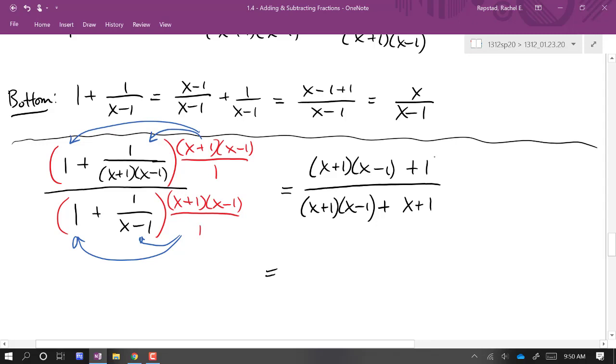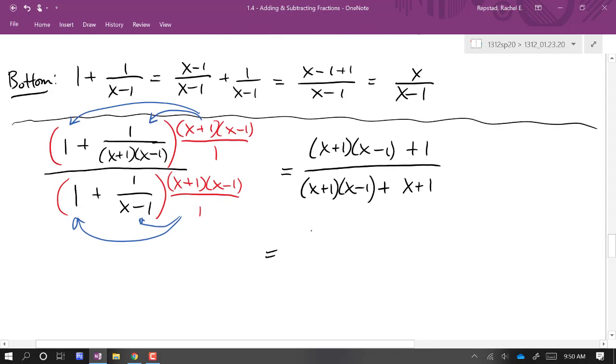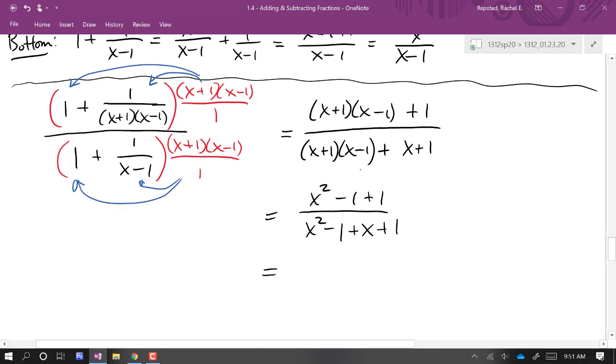And then we just expand both of those out and reduce if possible. So we have x squared minus 1 plus 1 over x squared minus 1 plus x plus 1. And then we see what we could do factoring wise. So we have x squared on top, over the plus 1 minus 1 cancels.